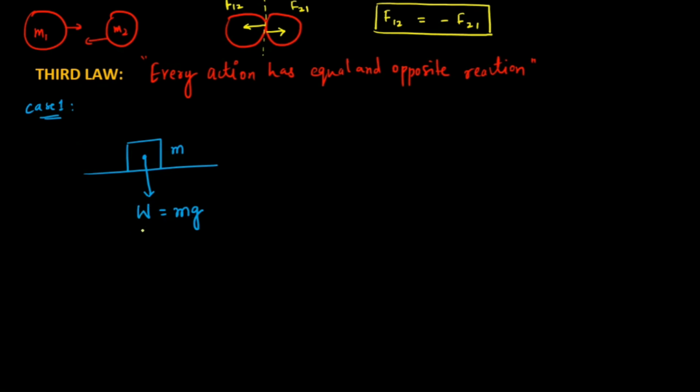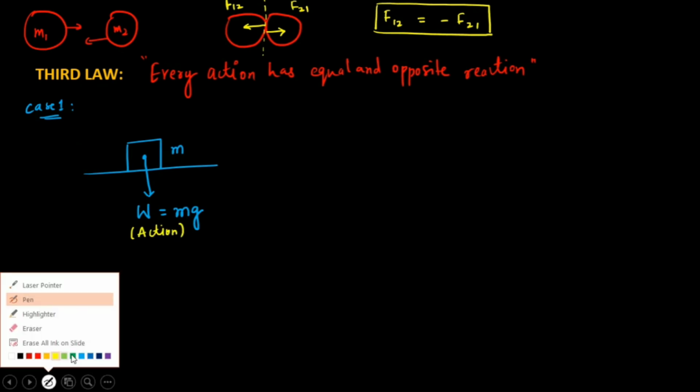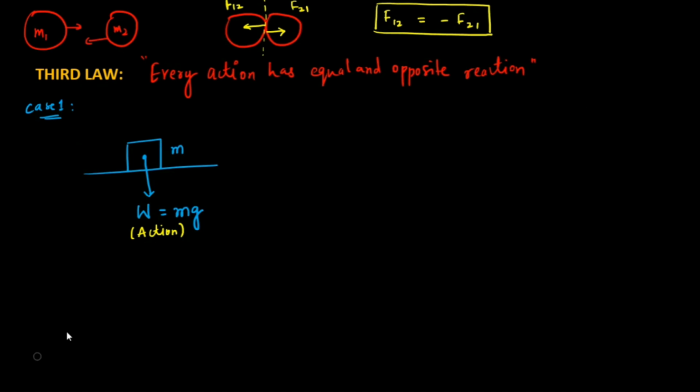Here this weight is acting as the action. In order to react to this action, the surface of Earth, or whichever surface the object is placed on, will definitely show some reaction, and that reaction is given by the normal force.